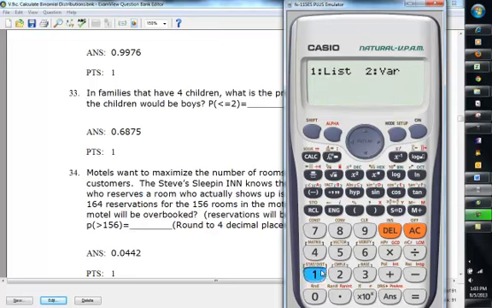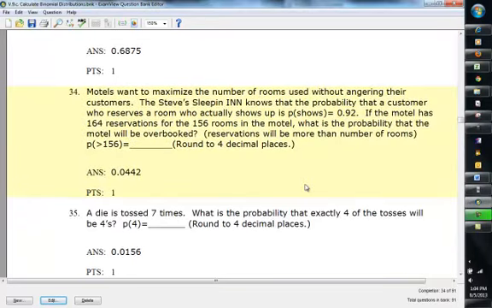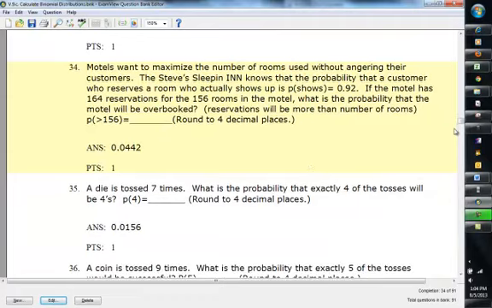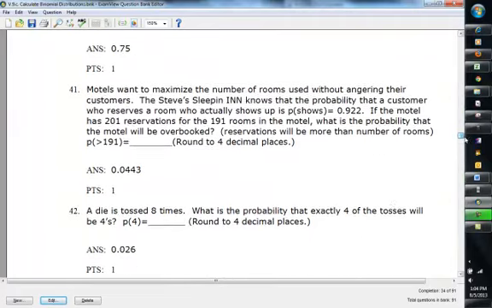Cumulative is number 1. And it's a list. We want 2 out of 4, and the chances of each one is 50%, and so we would have 0.6875.